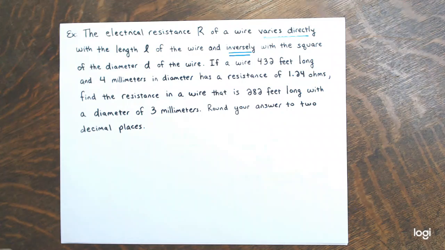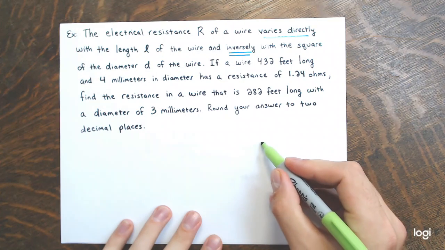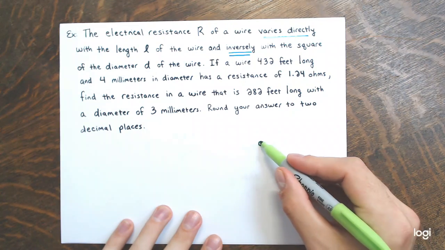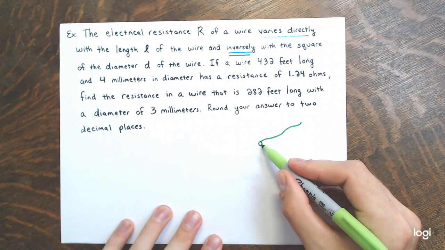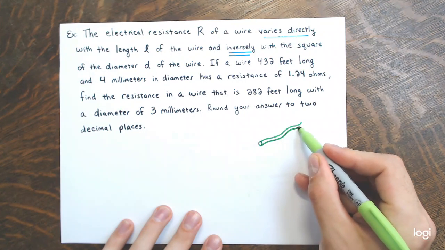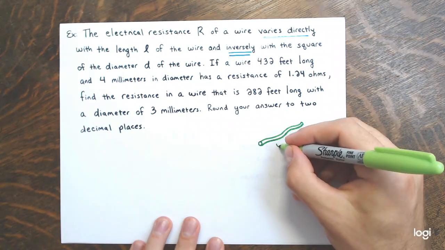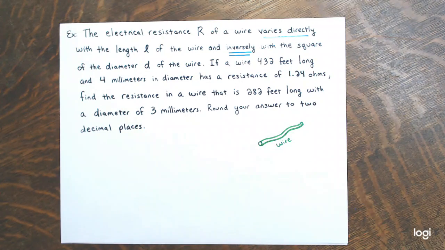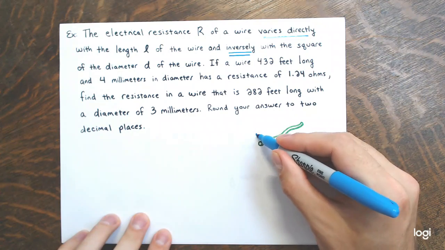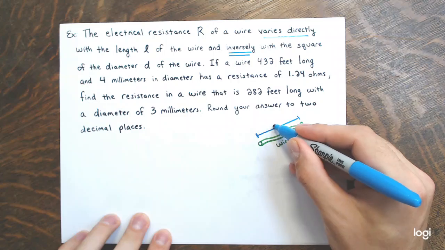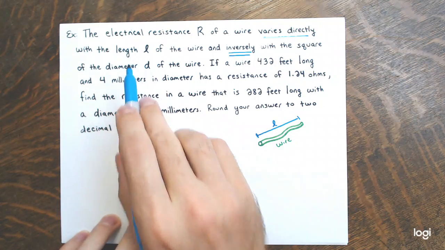Now I'll draw a little picture of a thin wire here. So you've got one end of the wire, and then like a little wormy thing. Let's say that's a wire, and it's circular. So here's a wire, right? Its length would be how long it is. How long is the wire when you straighten it? L represents length here.